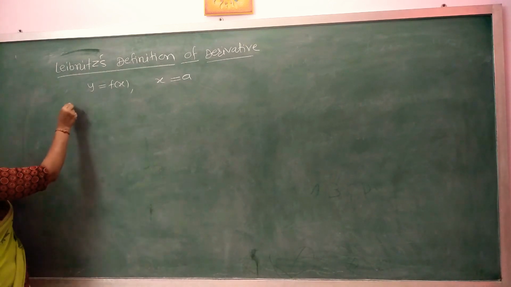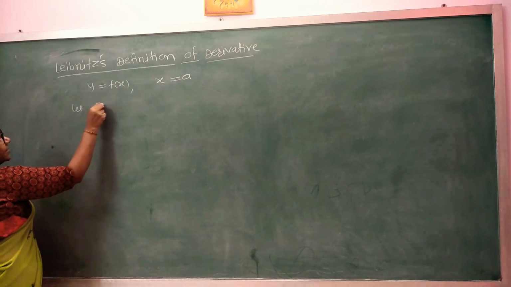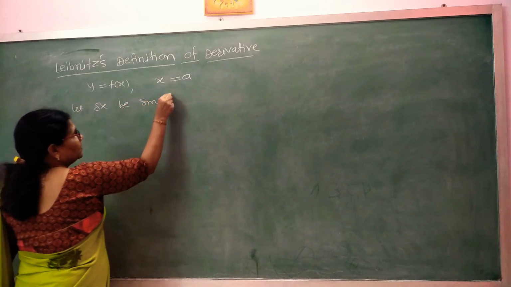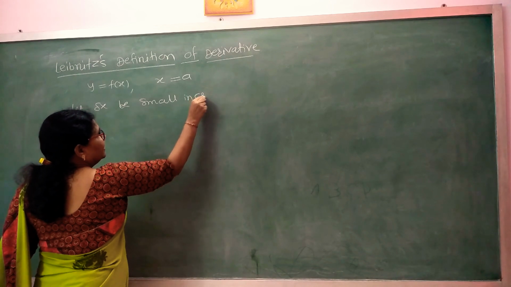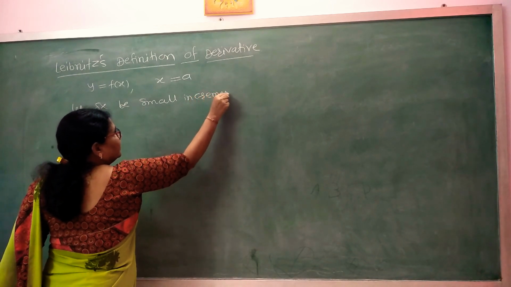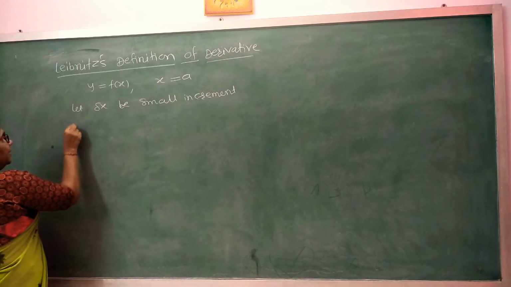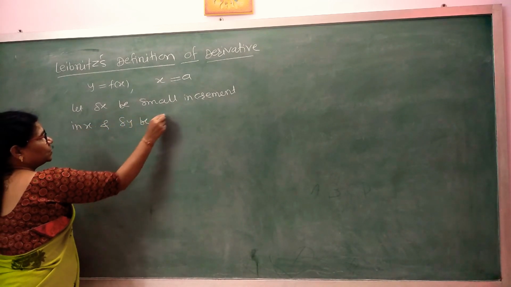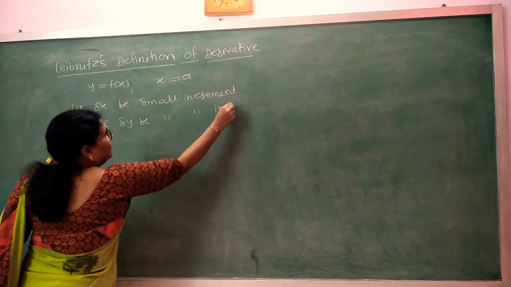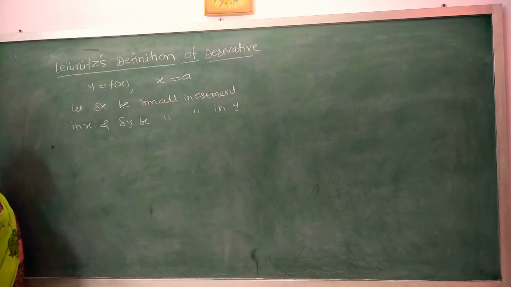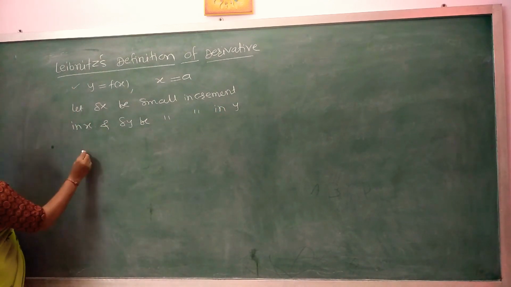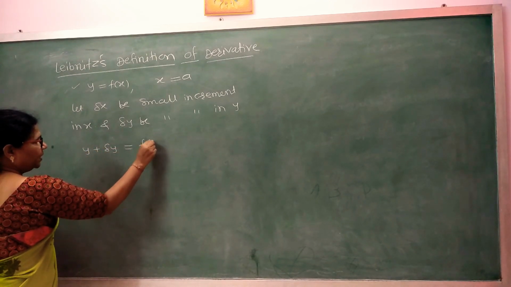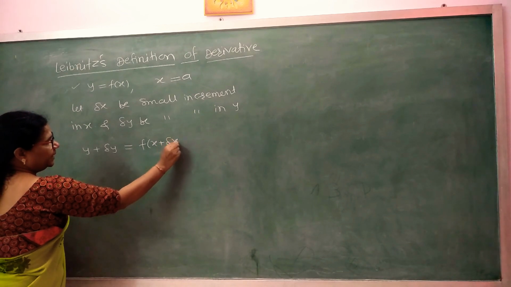Let delta x be the small increment in x and delta y be the small increment in y. Therefore, this function becomes y plus delta y equal to f of x plus delta x.